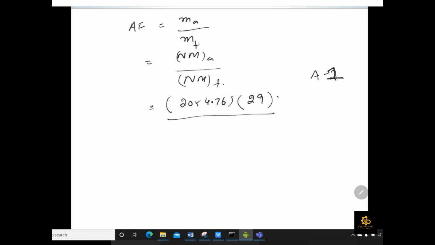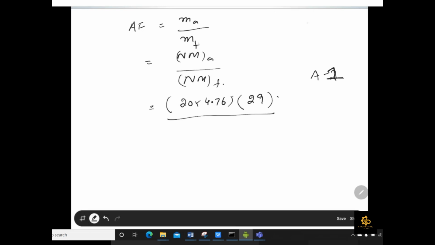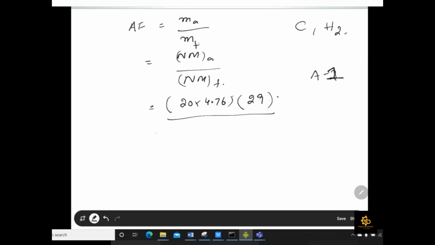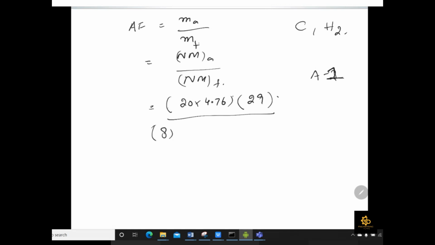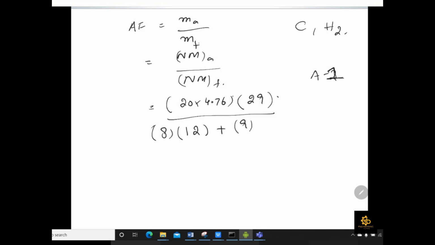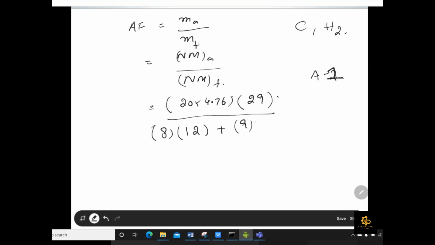In the fuel we have two terms, which are carbon and H2. First we have to know the carbon moles. The carbon moles we already found from the previous step, which is 8 moles of carbon, and the molar mass of carbon is 12, and you have to add the H2O moles. H2O moles is 9 from the chemical reaction, so you have to correlate with the chemical reaction for this.